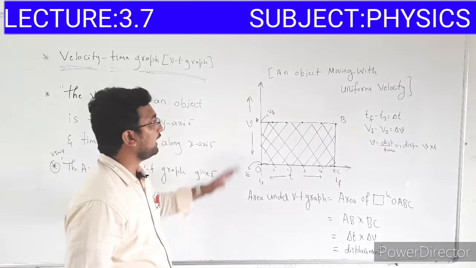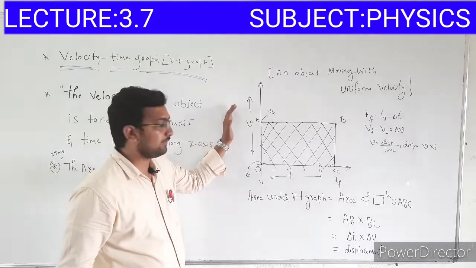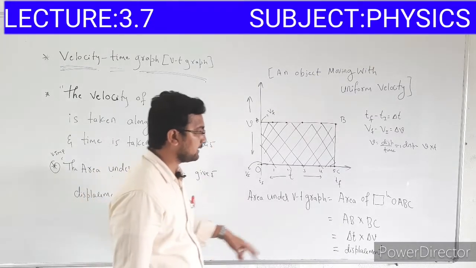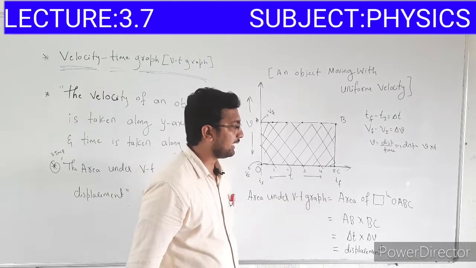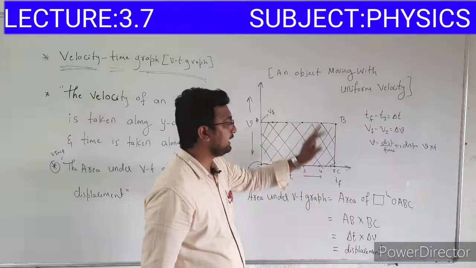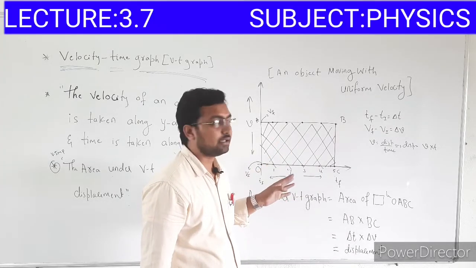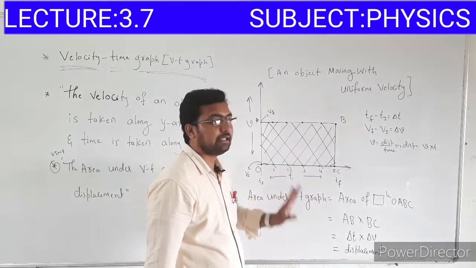For that we have to draw this graph. After that we mention the area under the VT graph is equal to the area of a rectangle OABC. To calculate the area of a rectangle, the formula is length into breadth.